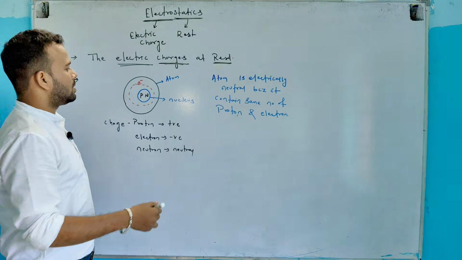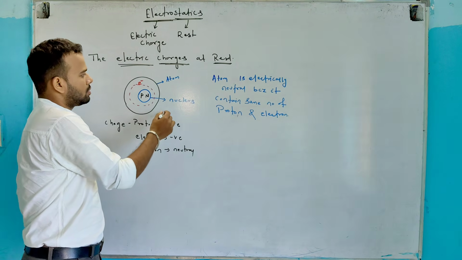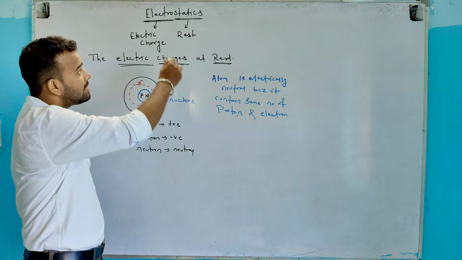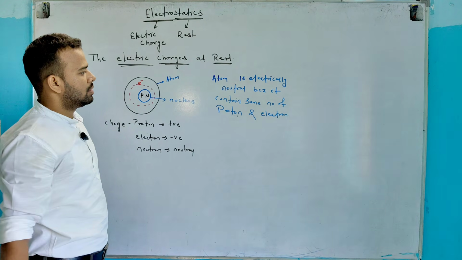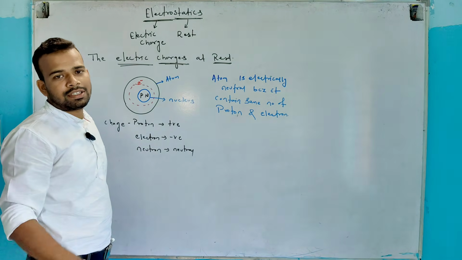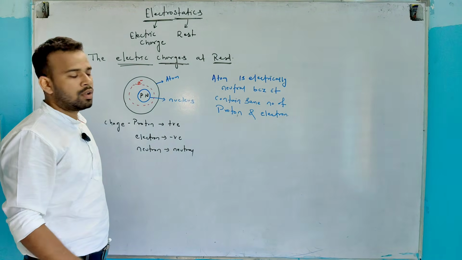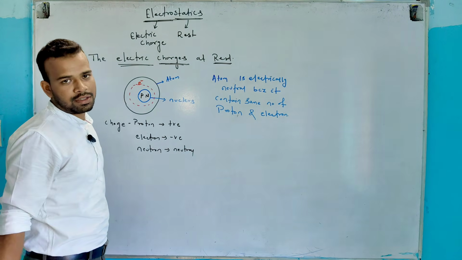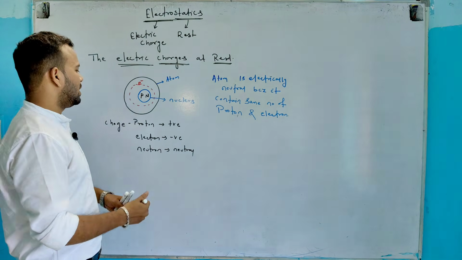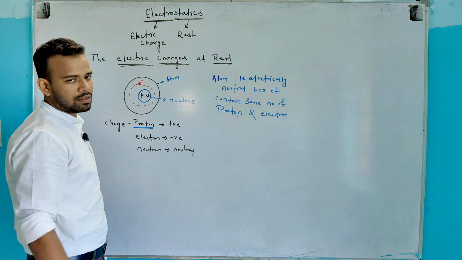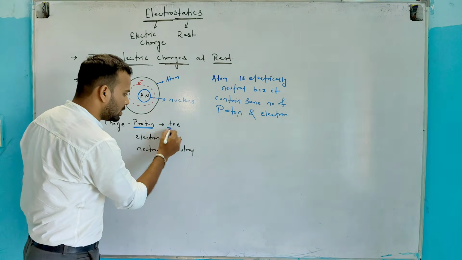So, in our 12th syllabus, we have to discuss atom and nucleus. And in this specific electrostatics, we have to discuss charge. First thing, charge is of two types. One is a positive charge, another is a negative charge. Positive charge means the proton which is present inside the nucleus.